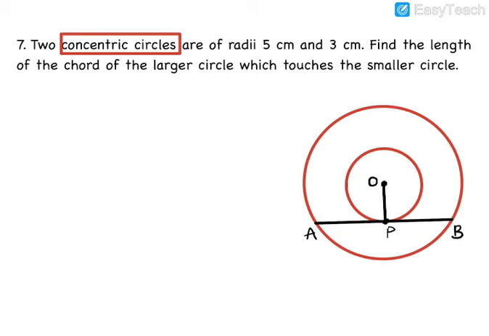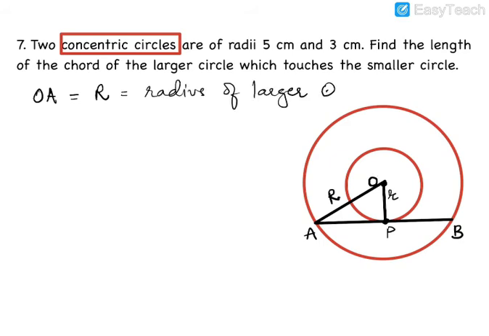So we get OP as the radius of the smaller circle. If we join OA, we get the radius of the bigger circle. So in the figure, OA is R, which is the radius of the big circle, and OP is small r, which is the radius of the smaller circle.